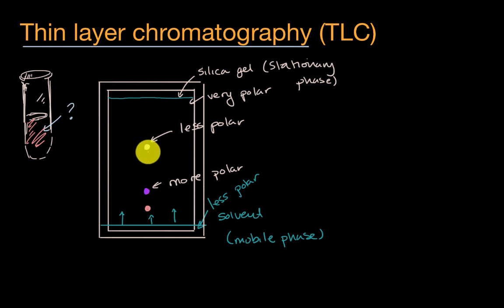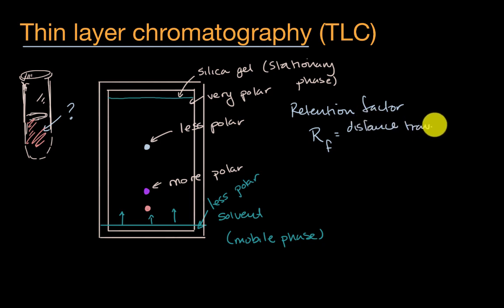And there is a way to quantify how far these things traveled relative to your solvent. That's called a retention factor, which the shorthand is R subscript F. It's just defined as the distance traveled by the solute divided by, and you might guess this, the distance traveled by the solvent.